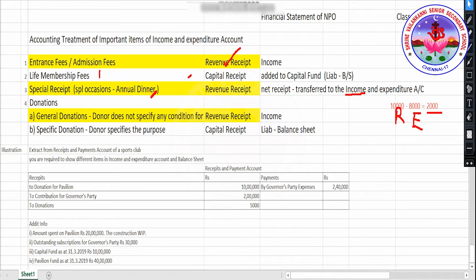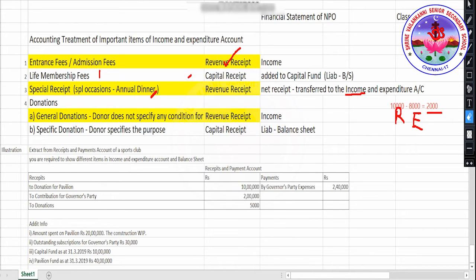The donor does not specify any conditions, so it is a revenue receipt. Generally you can use this fund. There is no specific thing that you need to use it only for so-and-so purpose.